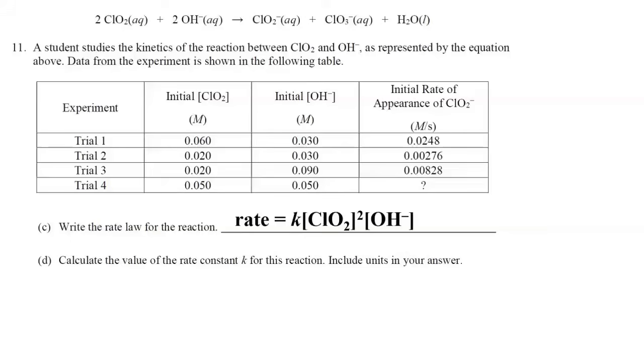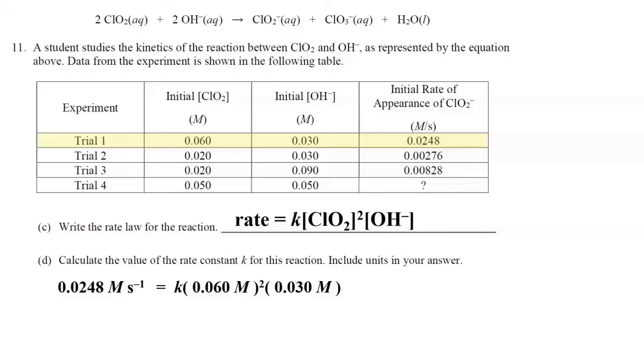The rate is 0.0248 molarity per second, and that is equal to the rate constant times the initial concentration of ClO2, which happens to be 0.060 moles per liter, and that's squared because we know it's second order with respect to ClO2, and then times the initial concentration of hydroxide, which happens to be 0.030 moles per liter.